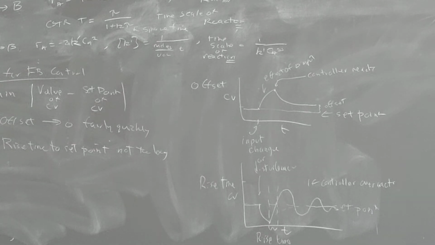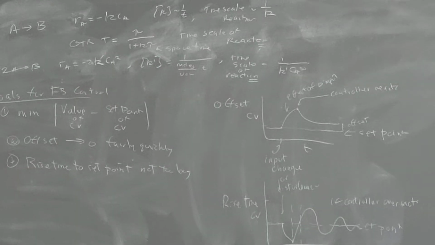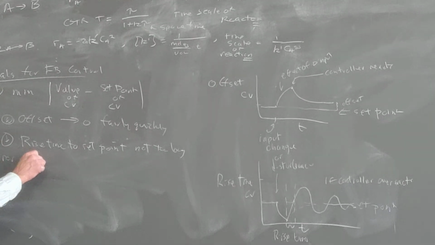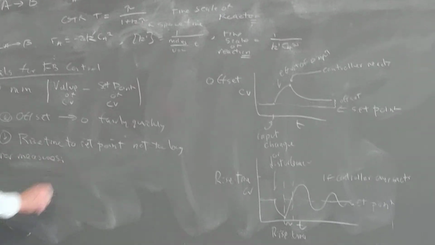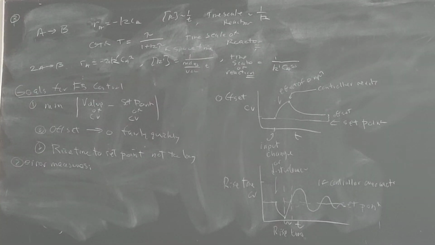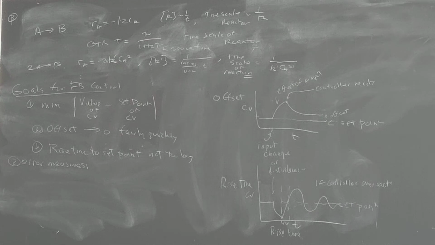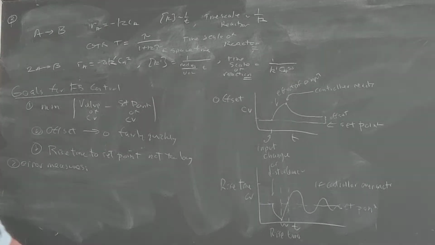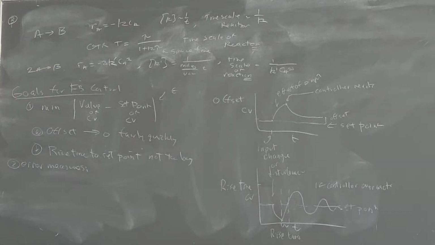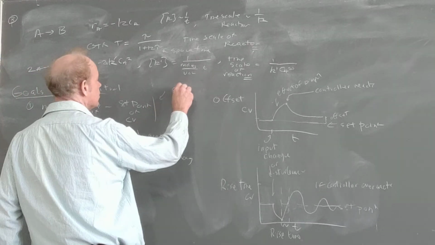And then how do I measure the error? Error measures. There are a number of ways of measuring error. There isn't an absolute way that's best. So let epsilon be the error, and epsilon might be a function of time.